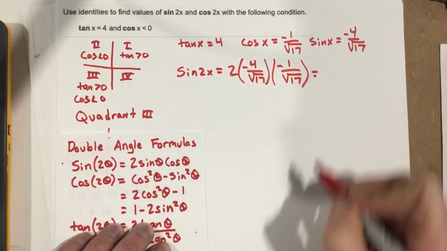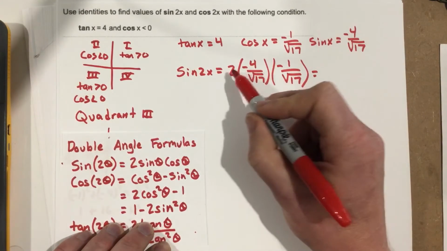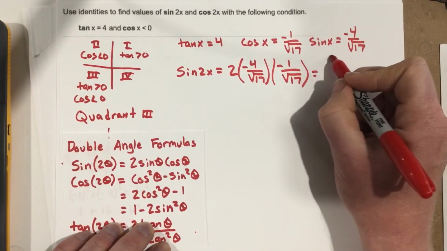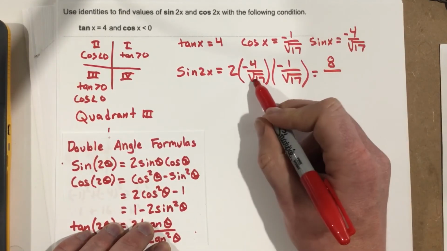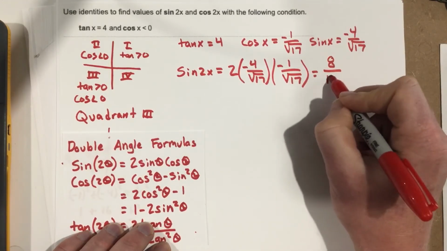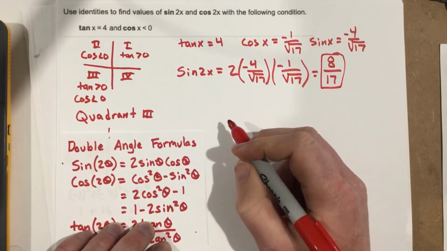Now this is pretty easy to evaluate because of the roots, so we can do this by hand. 2 times negative 4 is negative 8. Times negative 1 is 8. And then root 17 times root 17 is, well, the roots cancel and we get 17. So that's one of our answers.